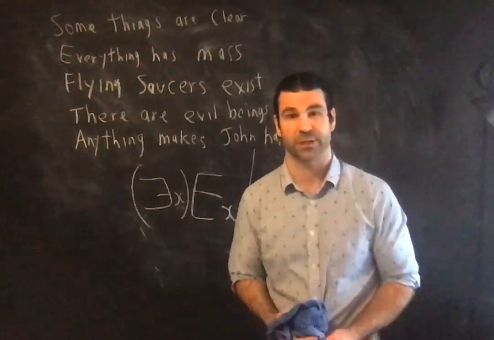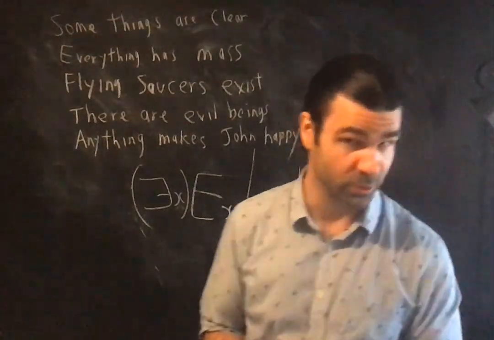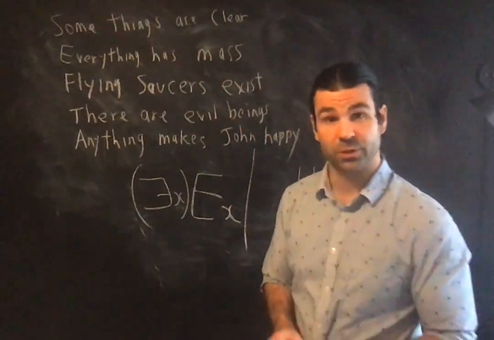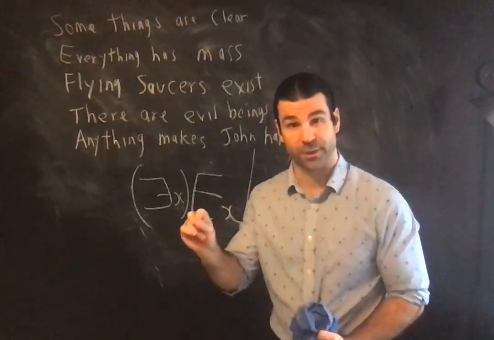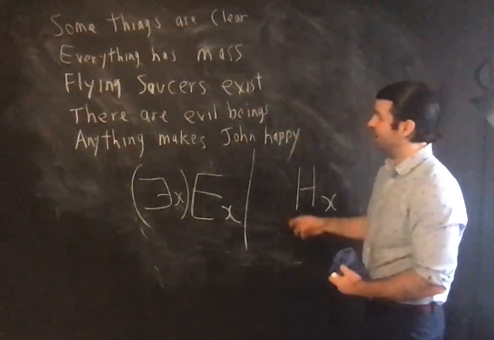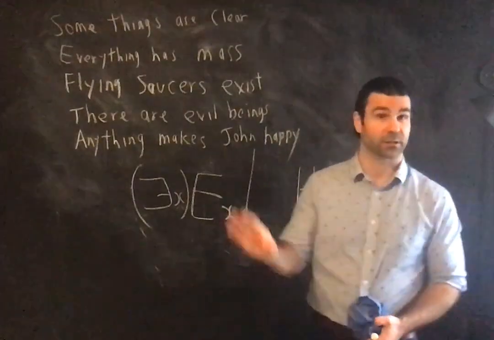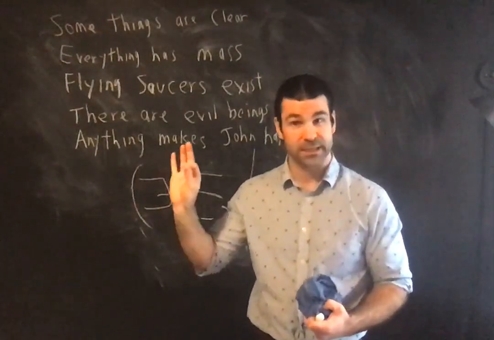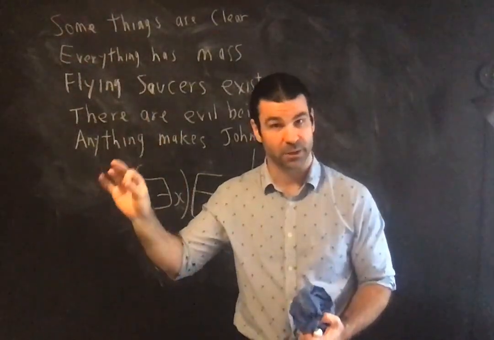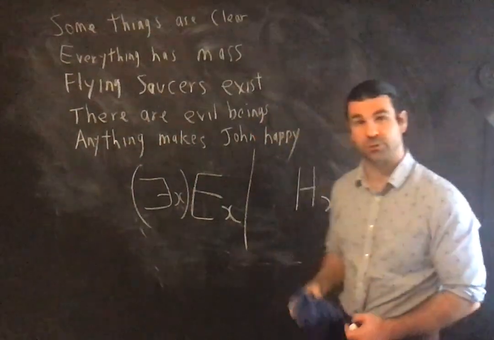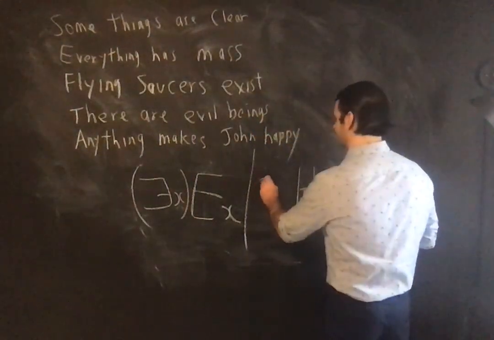So a lot of people make mistakes here and think this should get the existential quantifier. No, it should not, right? I'm not saying that there is just one thing that makes John happy. Anything makes John happy. I'm saying of all the things that exist, take any one of them, and I'm saying that it would make John happy. So anything is for all x.